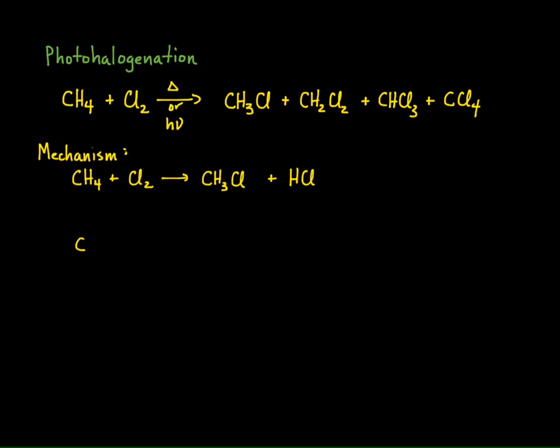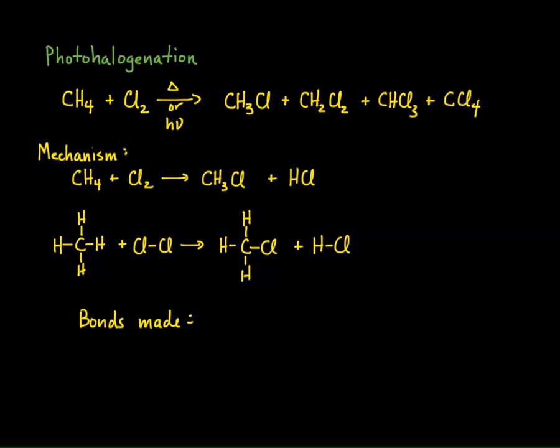And if we draw the Lewis structures of the reactants and products, we see that if we're looking at this entire reaction, methane plus chlorine going to methyl chloride plus HCl, in essence there is a carbon-hydrogen bond that breaks, a chlorine-chlorine bond that breaks, and then what forms is a carbon-chlorine bond and a hydrogen-chlorine bond.